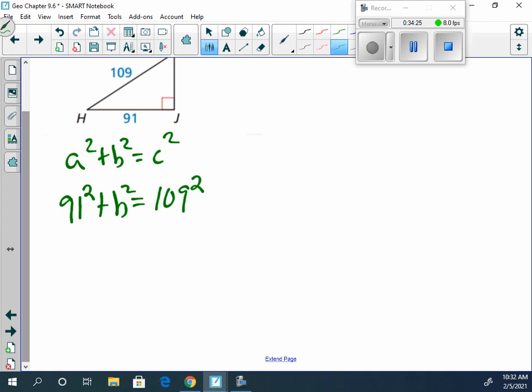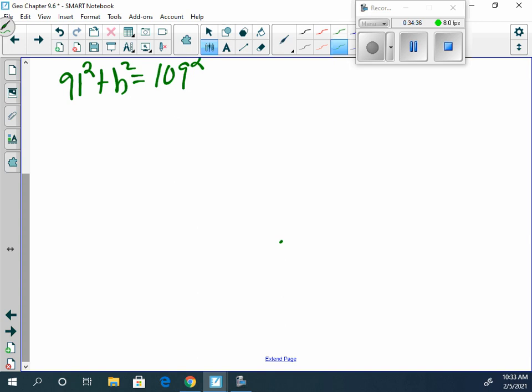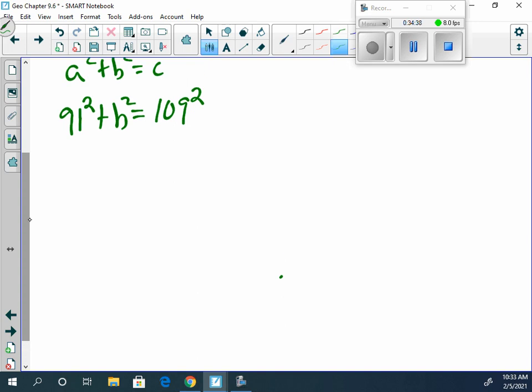Right, 91 squared plus b squared equals 109 squared. So at this point, we can't just plug everything into the calculator because, unfortunately, the numbers aren't next to each other anymore. We have to do 91 squared. Might need a little more space because 91 squared, I have a feeling, is big.